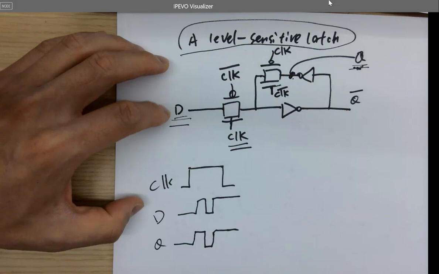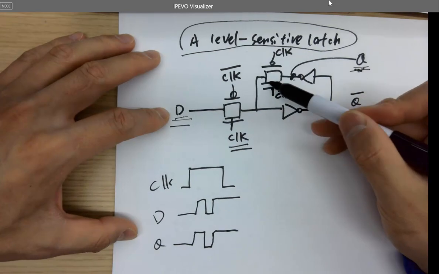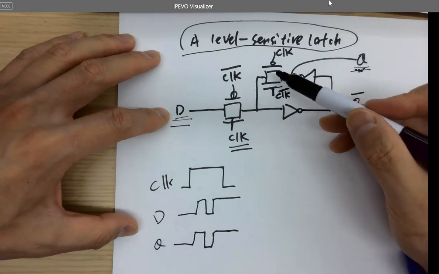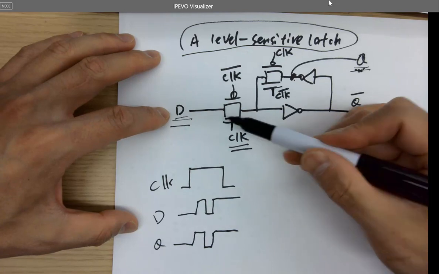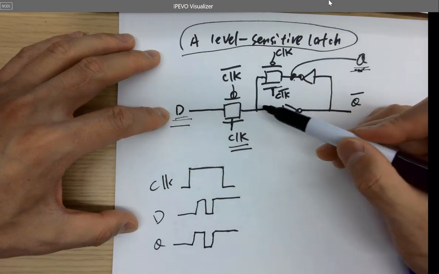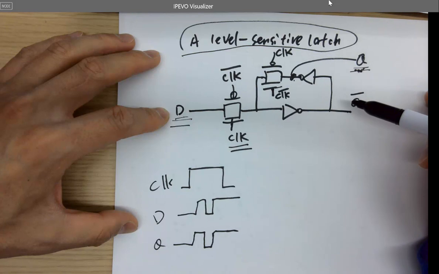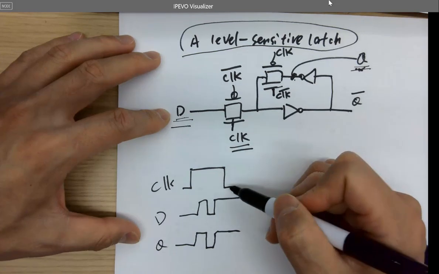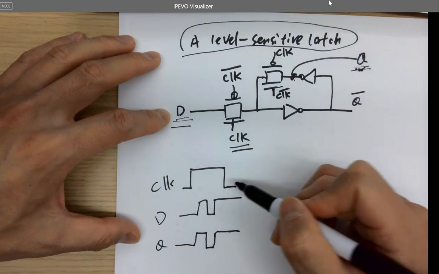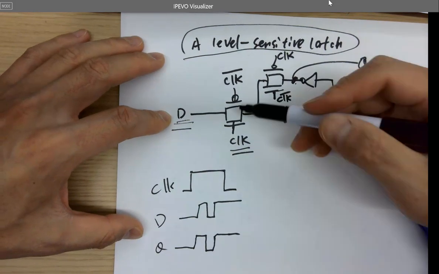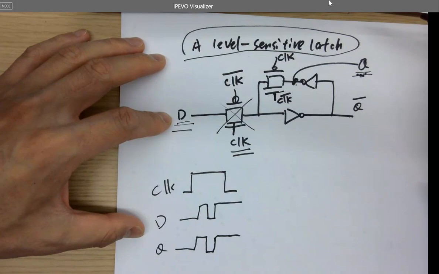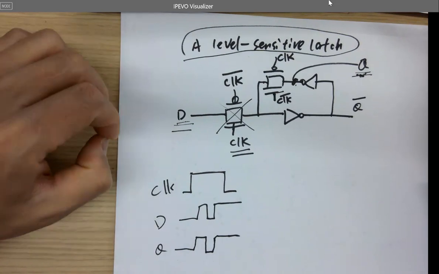Okay. So what is this one doing though? So when clock is on, D will pass this gate, this gate, this gate, and arrives Q and Q naught. No problem. So when clock is low, what's going to happen? So this will be off, right?